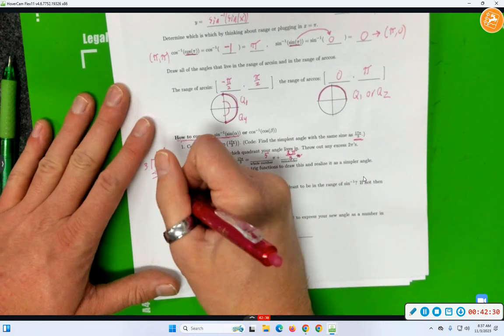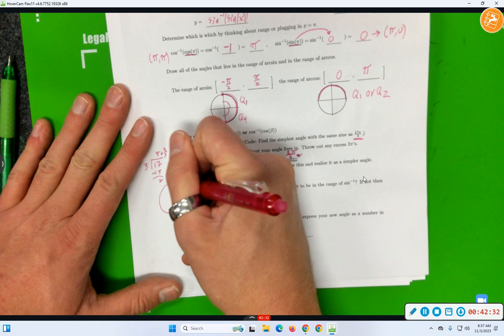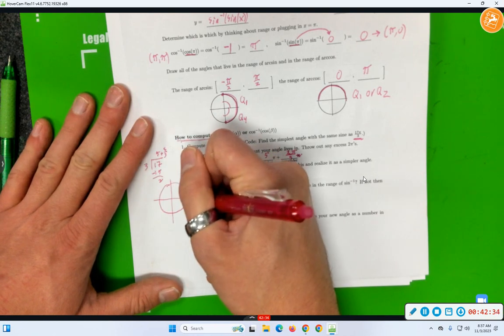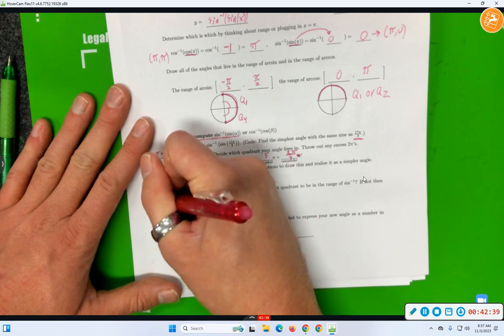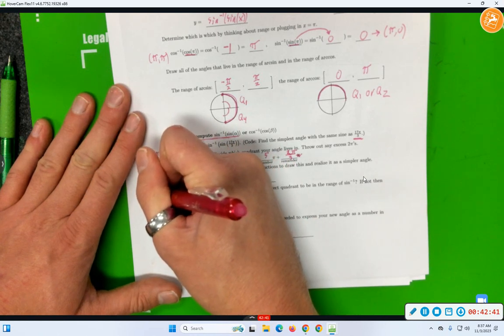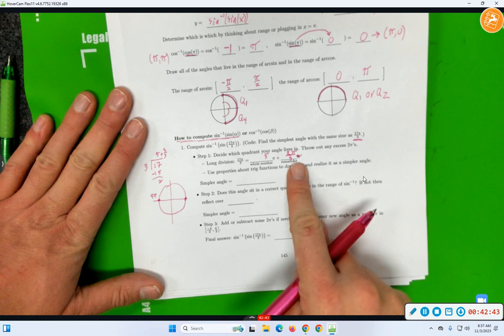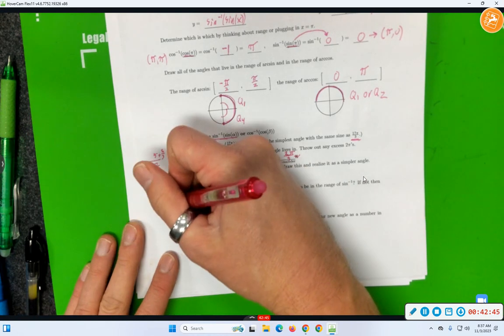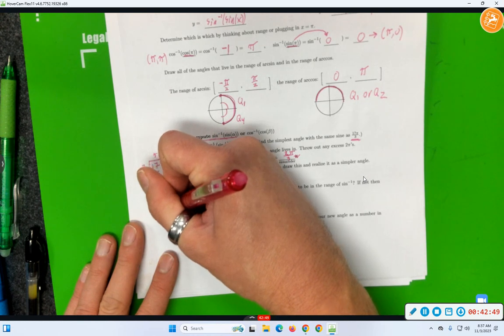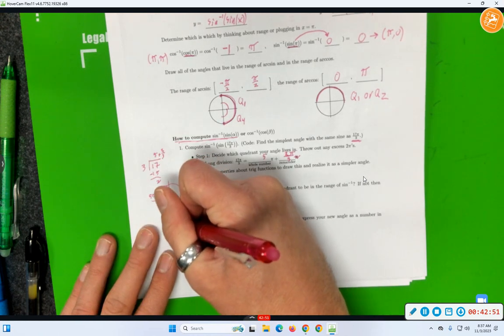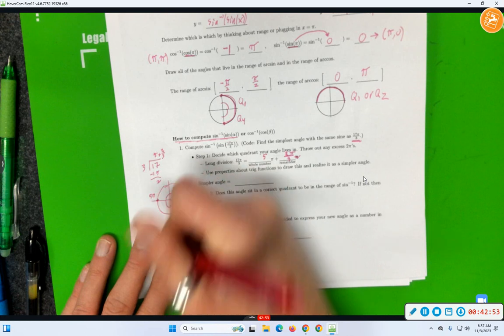We can draw a picture of that angle. That's 0 pi, 1 pi, 2 pi, 3 pi, 4 pi, 5 pi, and now I need to go an extra 2 pi over 3. That'll get me all the way over to here. There's an angle of 17 pi over 3.